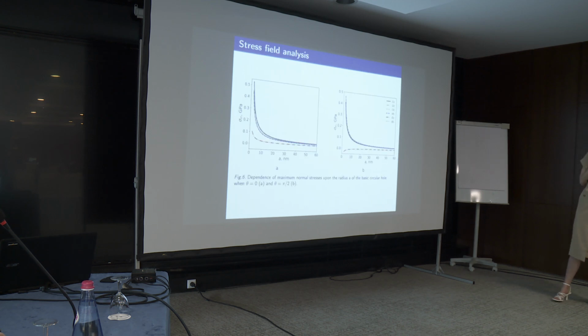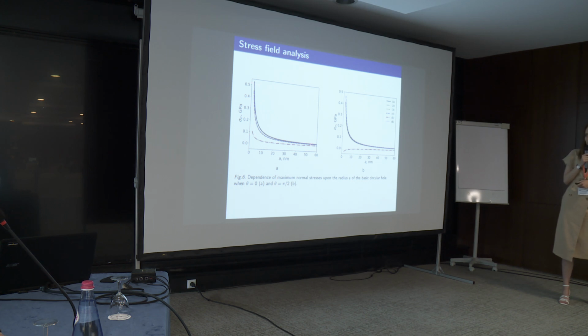And the last results present the size effect, which shows us the nanomaterial properties. For a smaller radius of our circle, we have a big difference between the fifth model and the full model.